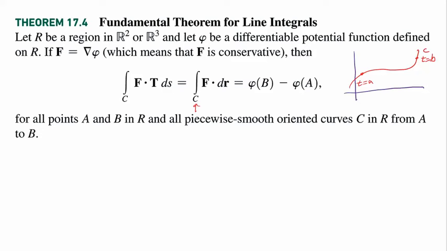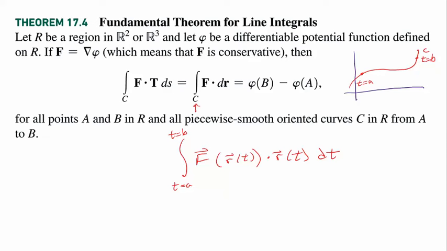So when I'm setting up this line integral, if I'm doing everything in terms of t, remember we did r of t dot r prime of t dt, and I had everything in terms of t. So I would be going from some t equals a to some t equals b. So this big A and this big B are not these little a and little b. Big A and big B are points on the curve. Little a and little b are the values of the parameter.